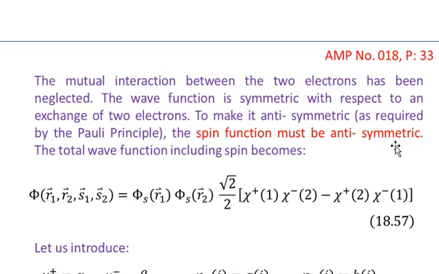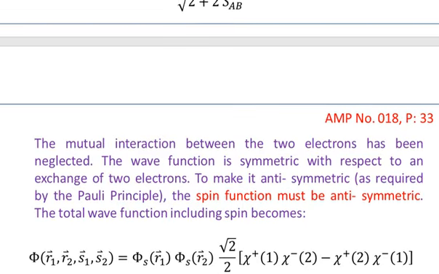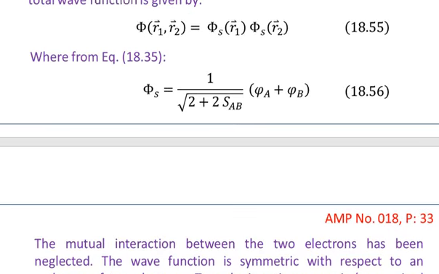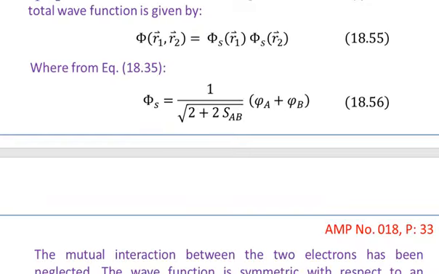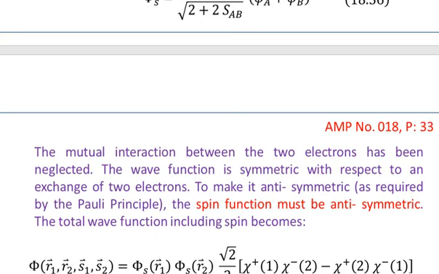wave function will consist of the spatial part, and you know that we have considered the spatial part to consist of the symmetric wave function phi s of R1 and phi s of R2. So the spatial part has been assumed to be symmetrical. It means that we should include the spin as the antisymmetric wave function.